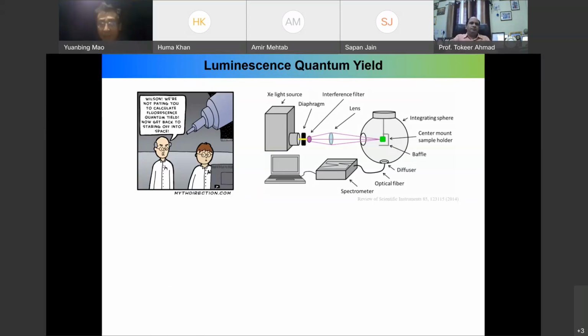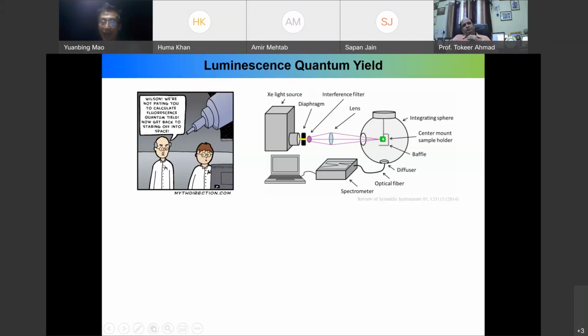Here again we use a light source, which goes through a lens, and the most important part is that we have an integrating sphere. We mount the sample most of the time in the center of the sphere.